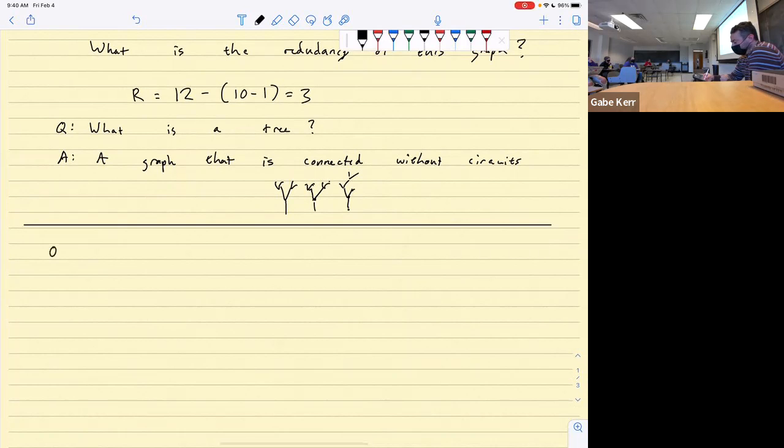So let me ask another question. What is the number of labeled trees on n vertices?